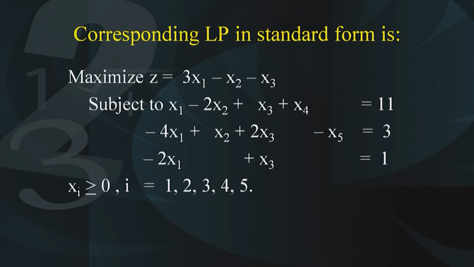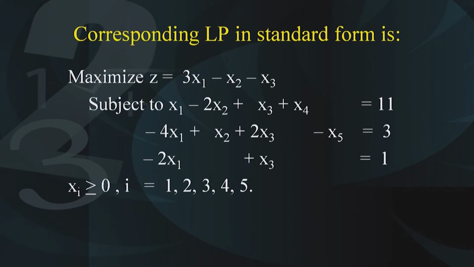Since the first constraint was of the type less than or equal to, we have to add a slack variable and we will call that slack variable x4. So, the equation becomes x1 minus 2x2 plus x3 plus x4 is equal to 11. In this equation, x4 is a slack variable.